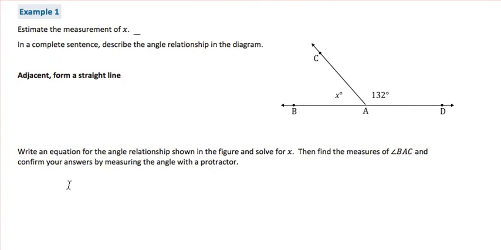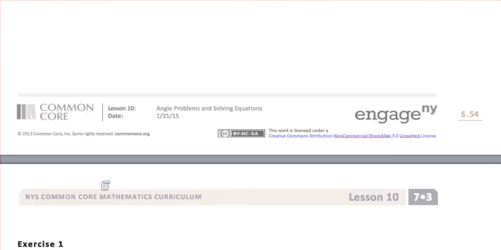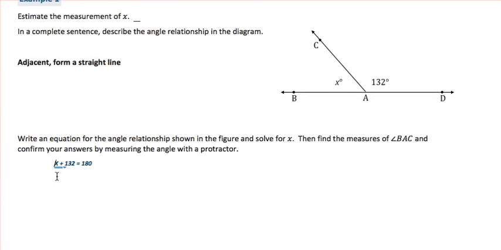So when we're asked to write an equation for the angle relationship, what we need to do is x plus 132 equals 180. And then it would follow that x would be 48, because 180 minus 132 is 48. So x is 48 degrees.